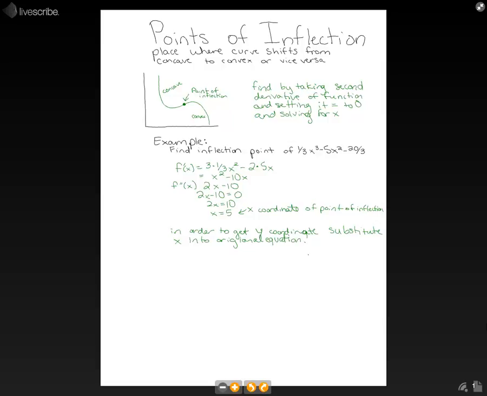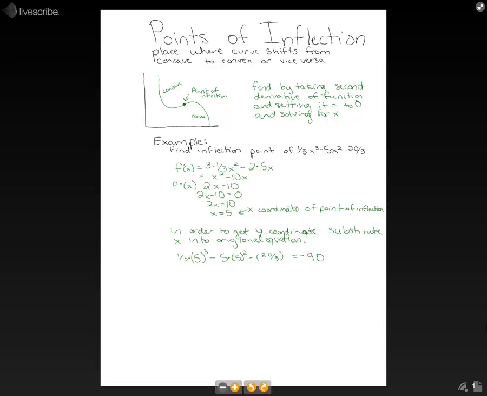So when we do that, we get 1/3 times 5 cubed minus 5 times 5 squared minus 20 divided by 3 is equal to negative 90 whenever you do all that math out on a fancy calculator.